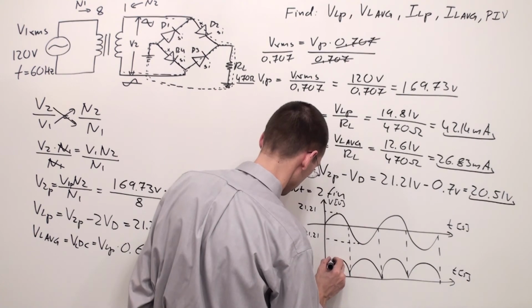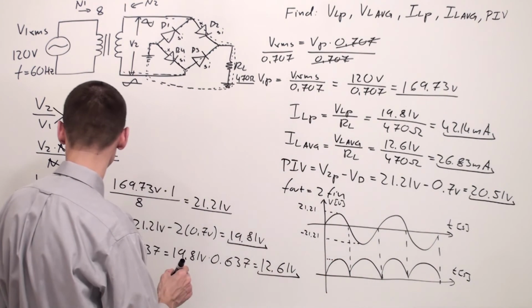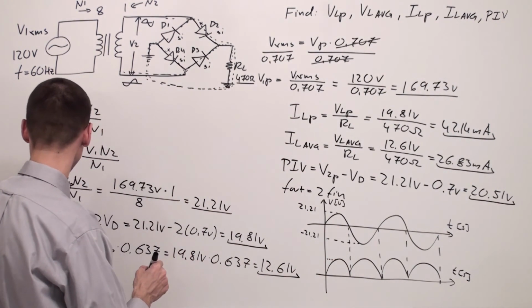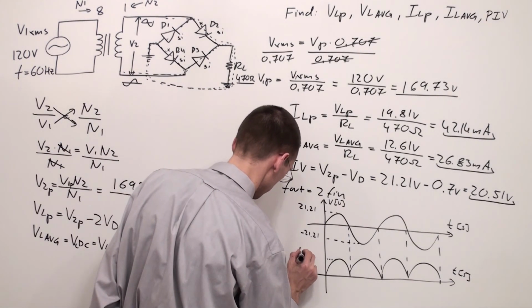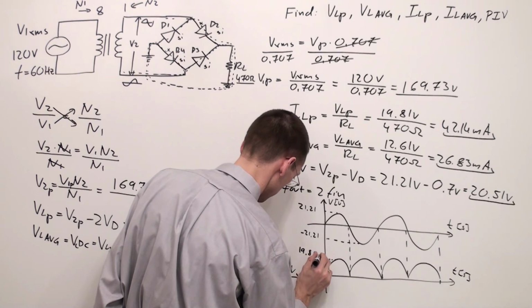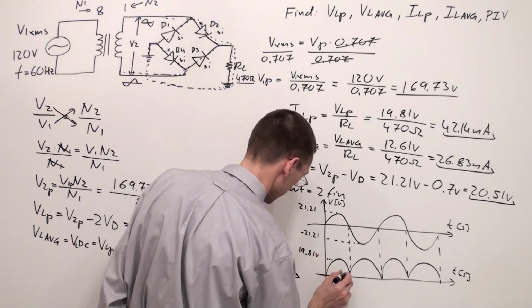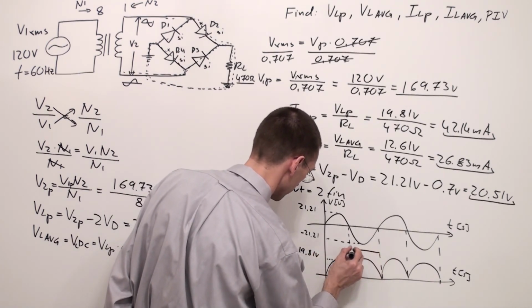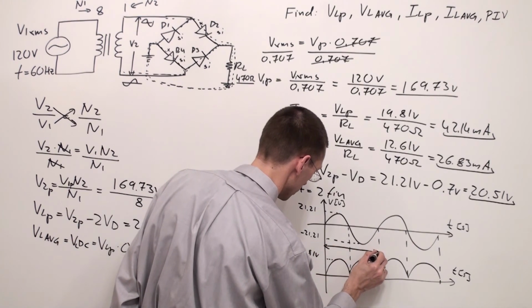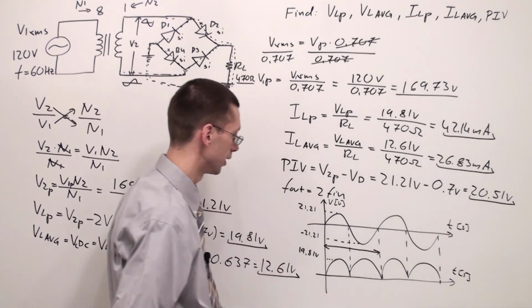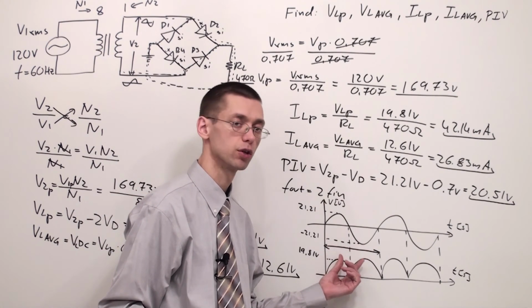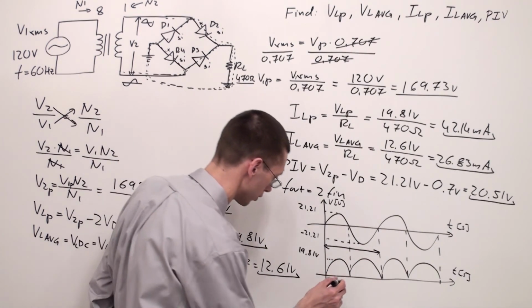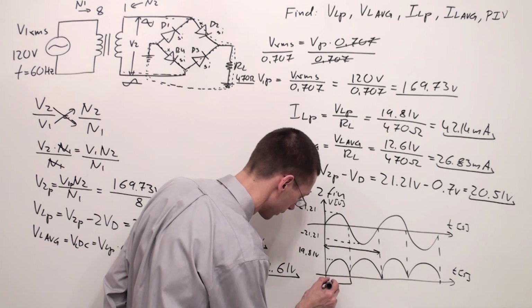And VL peak we've found is equal to 19.81. Now, if you compare the periods, you will see that the period of your secondary voltage is twice as long as the period of your output voltage.